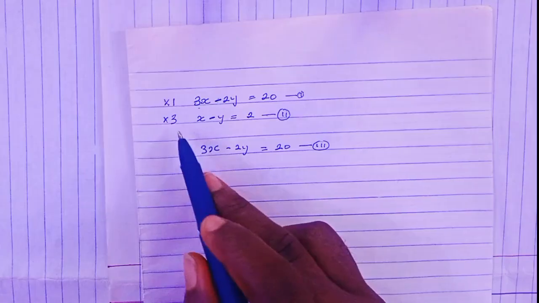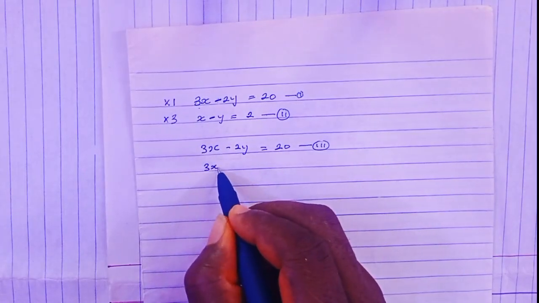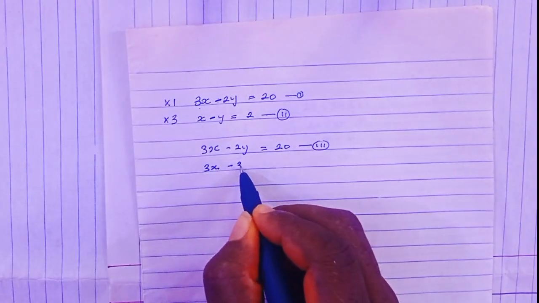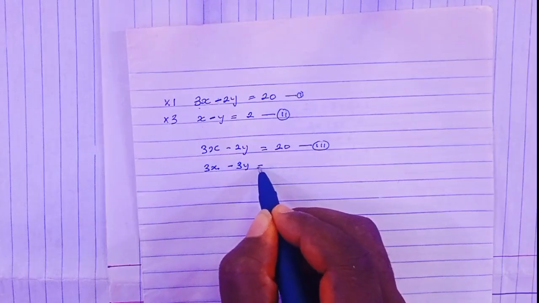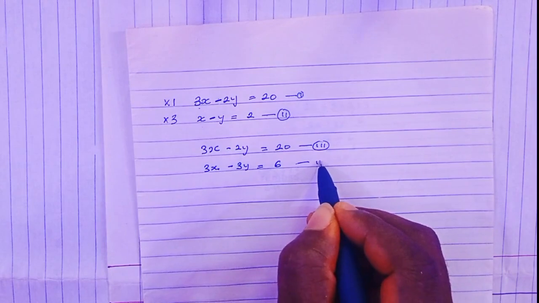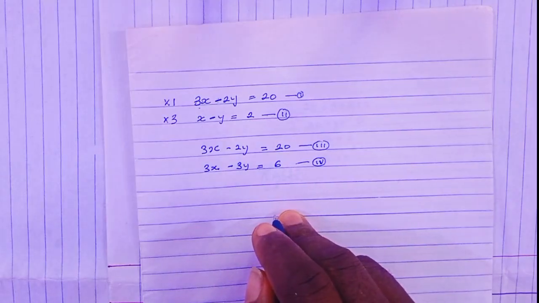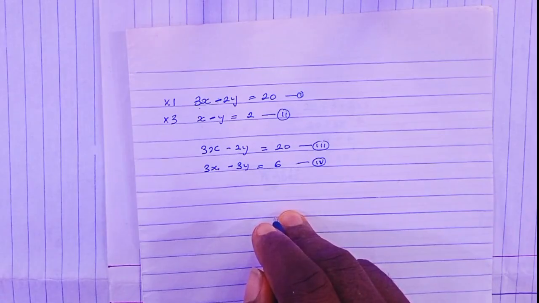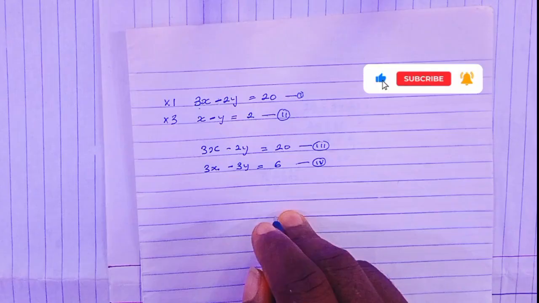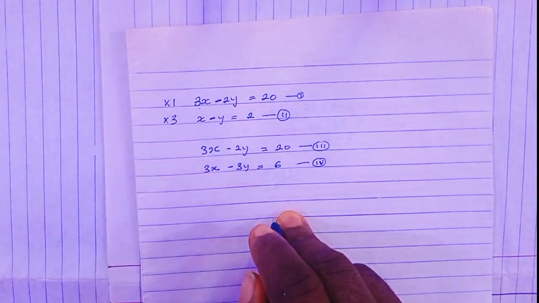So we're going to have 3 times x will give us 3x minus 3y equals 6. We call it equation 4. Now, our x is balanced. We have the same coefficient of x in equations 3 and 4.